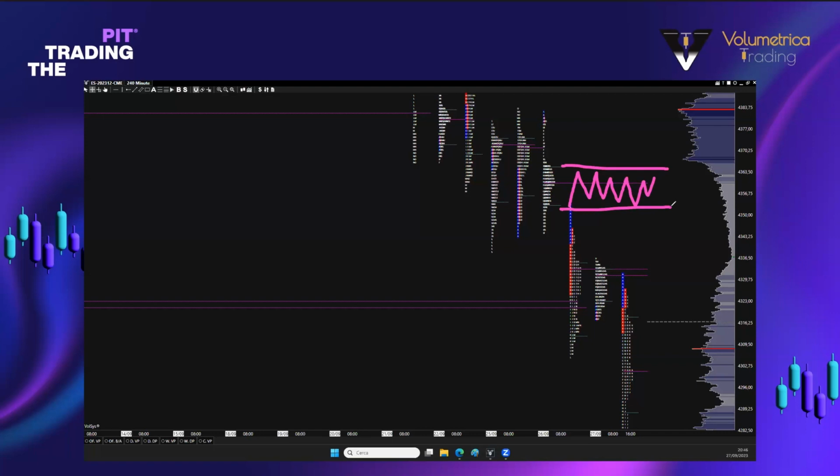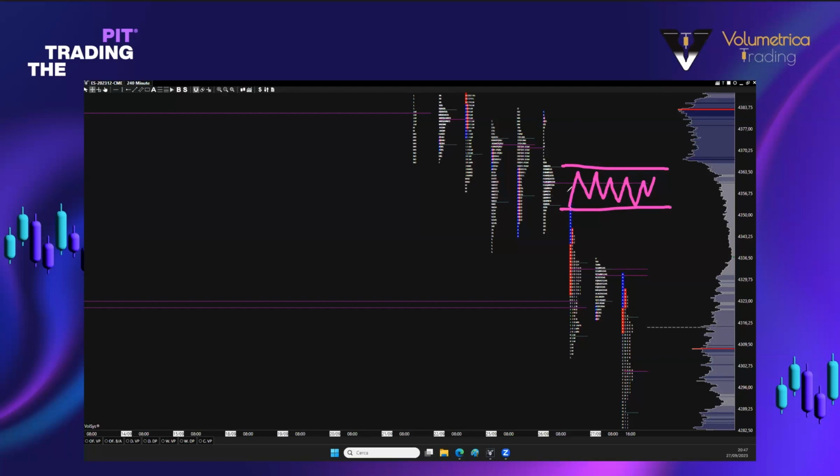The first implication when we have rotational days is that the market is not likely to be moving in a volatile way. It's just supposed to be ranging around, because it will be balanced by buyers and sellers interacting together and facilitating trades.